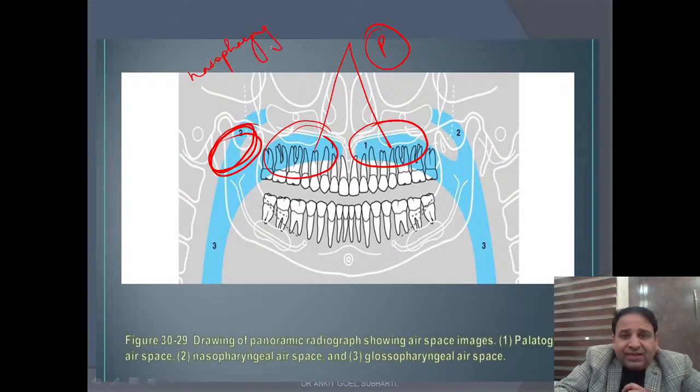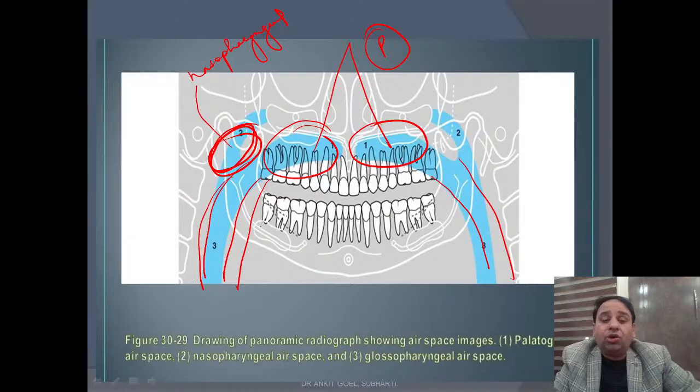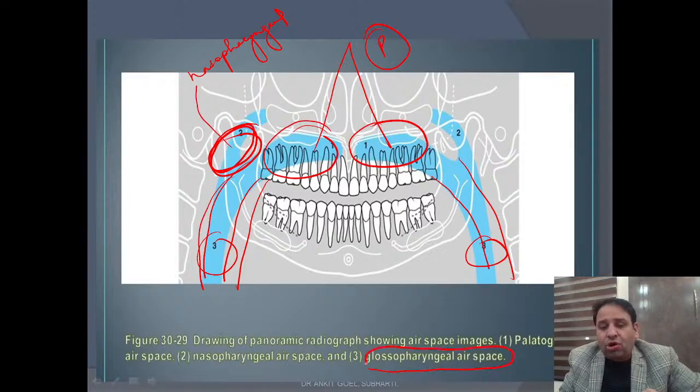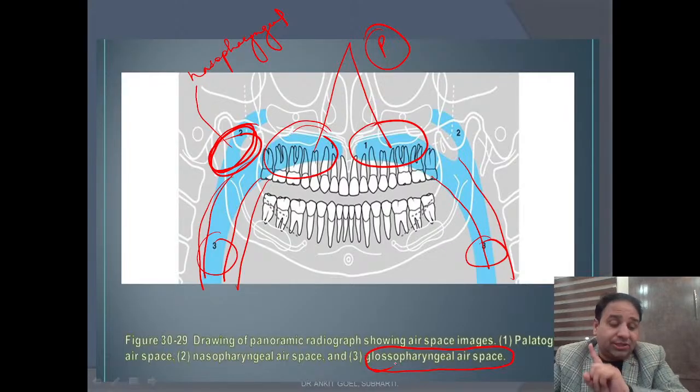And number 3, the shadow crossing the ramus of the mandible, can you see here? What you see here crossing the ramus is your glossopharyngeal air space. So these are the 3 important air spaces which can mimic pathologies, but they actually are not pathologies.